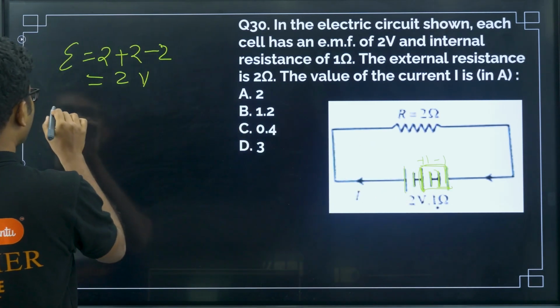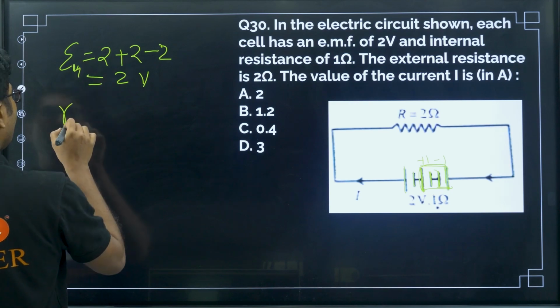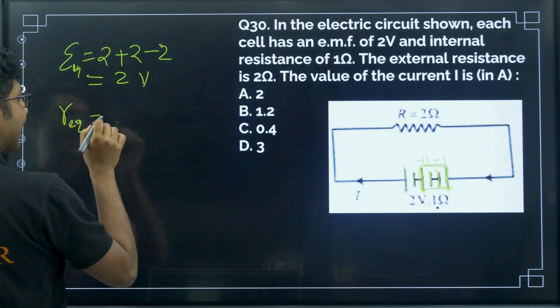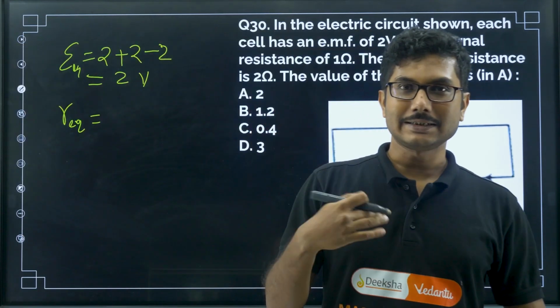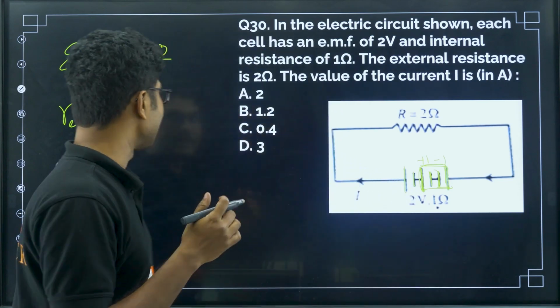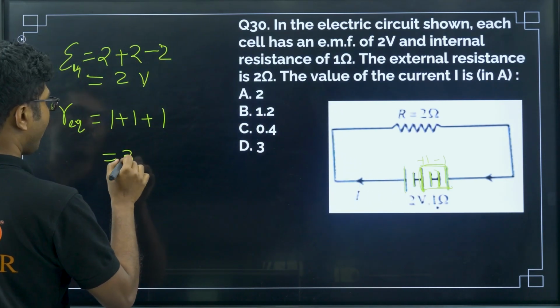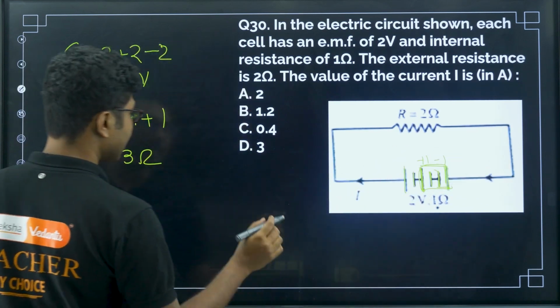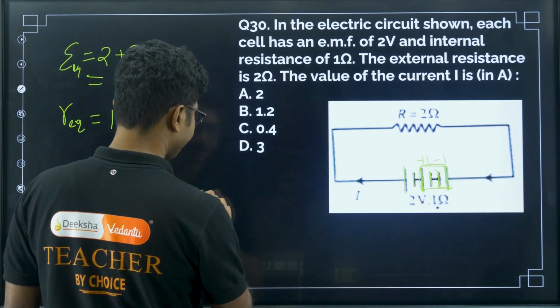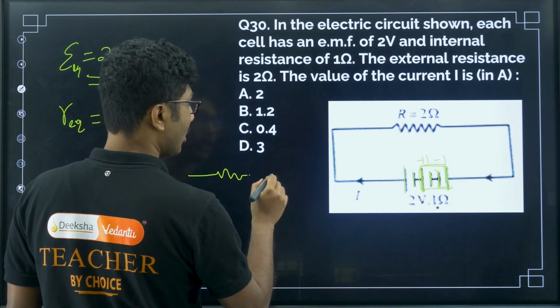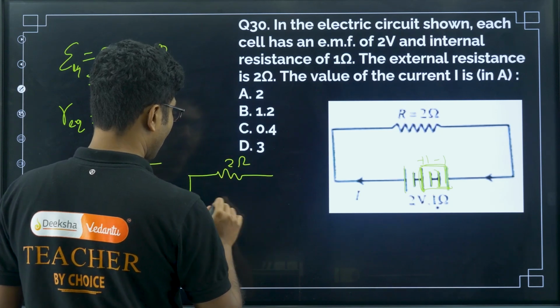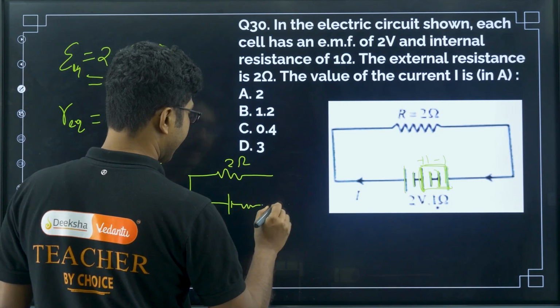Now what is the net resistance? In case of resistance, it does not matter. Resistance always gets added. There is no sign for resistance. So it will be 1 plus 1 plus 1, that is 3 ohm. So you can reconstruct this circuit as one resistance of 2 ohm, one battery of 2 volt and one resistance of 3 ohm.